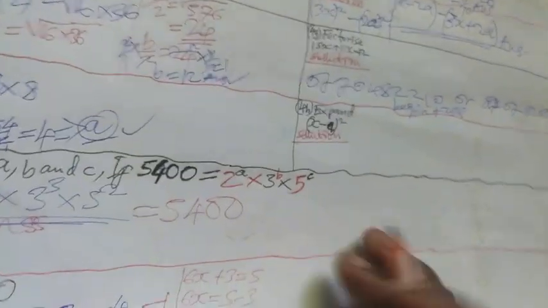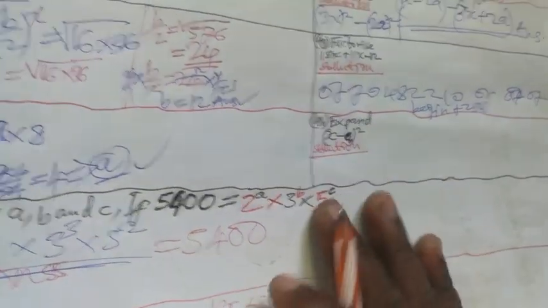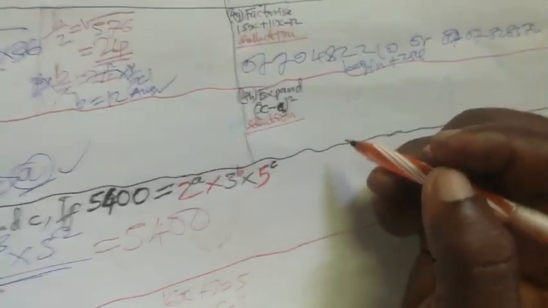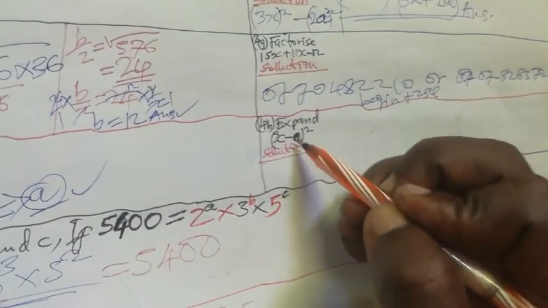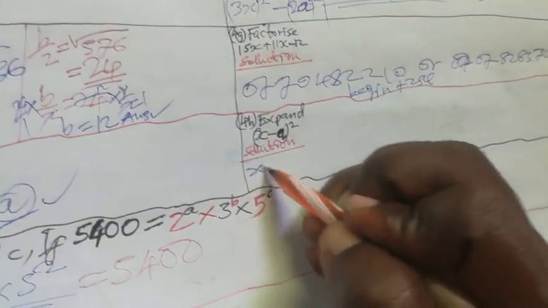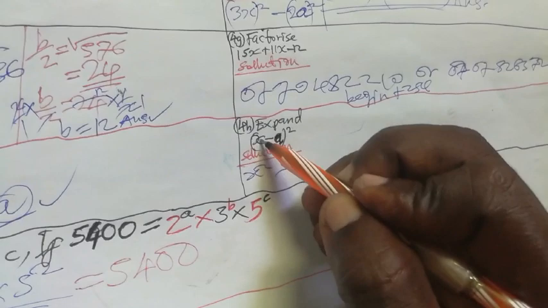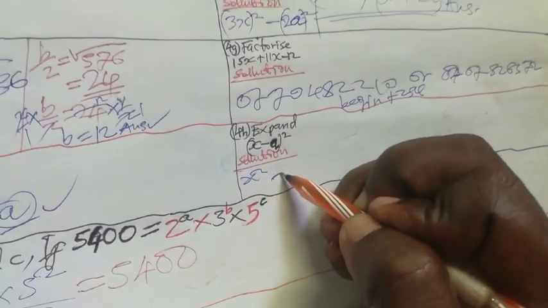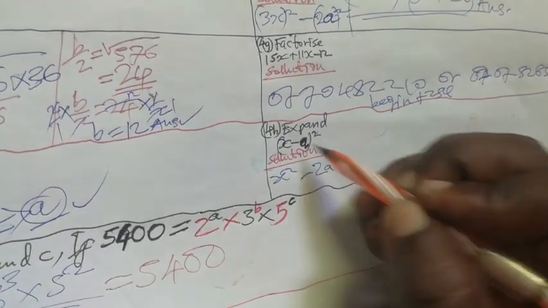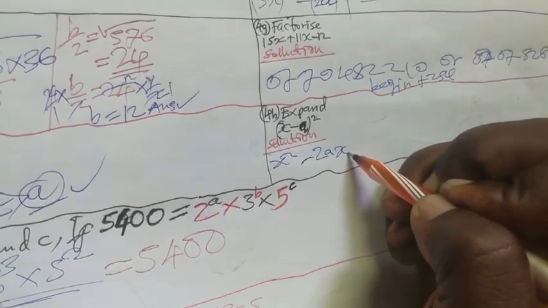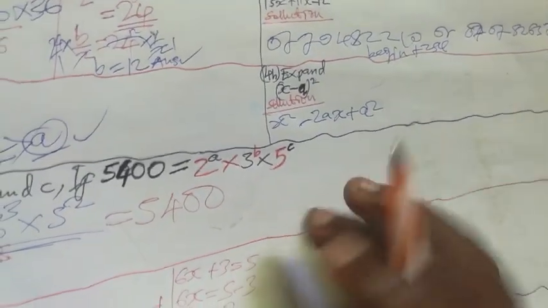Now question number 4H states (x minus 2a) squared. This is the same as you multiply: x squared minus 2ax minus 2ax plus a squared.